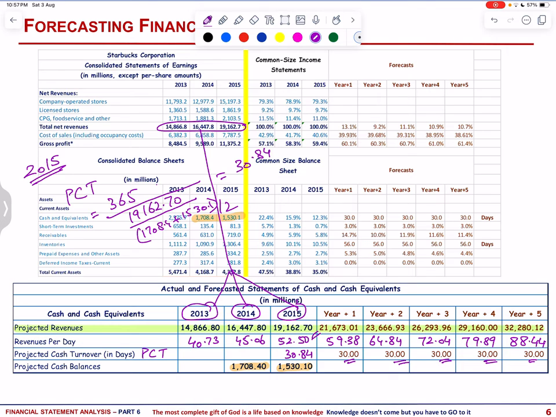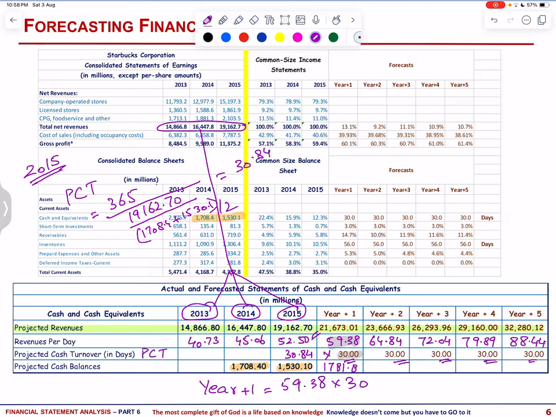Now the projected cash balance for year number 1 will be revenue per day 59.38 multiplied by the projected cash turnover in days, so that is 59.38 times 30, and this will be 1781.8.